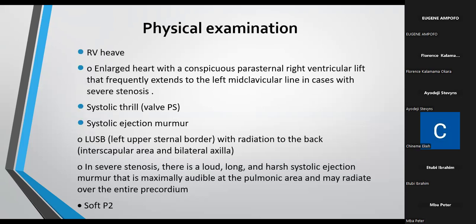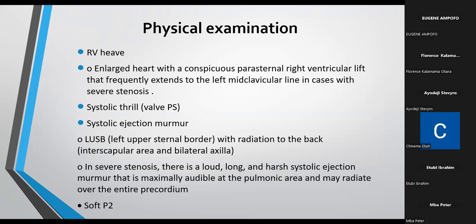When you examine, they have a right ventricular heave and an enlarged heart with a conspicuous parasternal right ventricular lift, which can extend to the left mid-clavicular line. They could present with a systolic thrill, especially when they have the valvular form of pulmonary stenosis. They have an ejection systolic murmur in the left upper sternal border, which radiates to the back, that is the interscapular area.